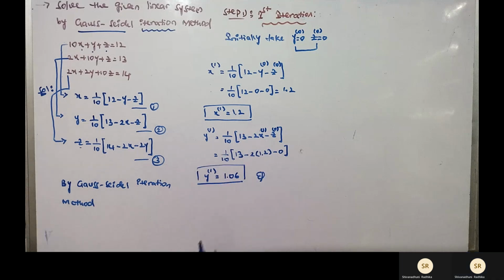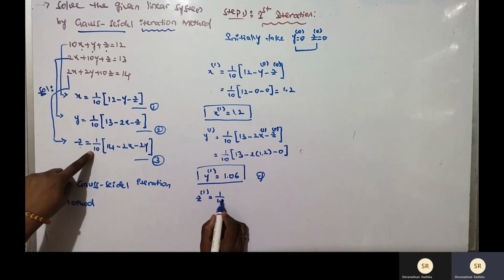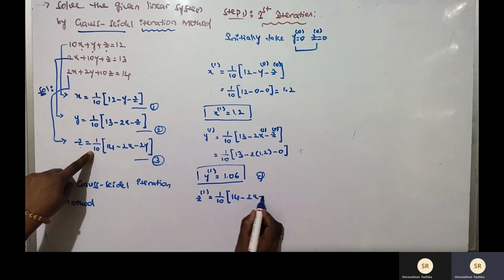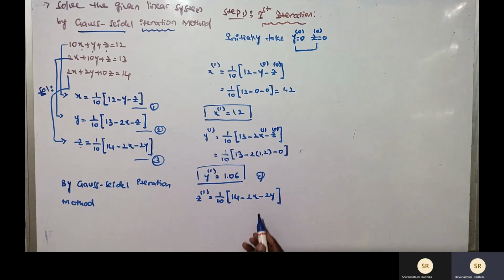Finally, we are going to find the z first approximation. 1 by 10 into 14 minus x minus 2y, with the latest values.